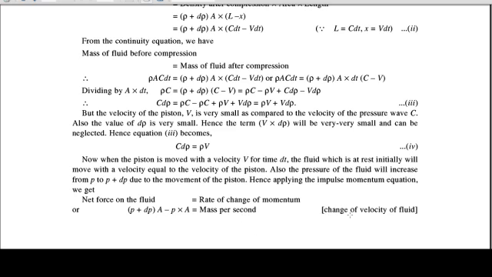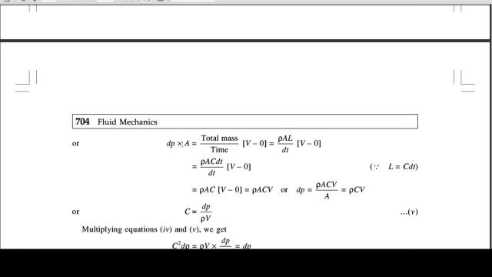Rate of change of momentum means what? Mass per second into change in the velocity of the fluid. Here (p plus dp) into A minus p into A. Okay, so if we multiply this out, we will get p A plus dp A minus p A. So p A cancels out, the remaining term is dp into A. So here we get dp into A is equal to mass per second, meaning total mass per time, into change in velocity, V minus 0.